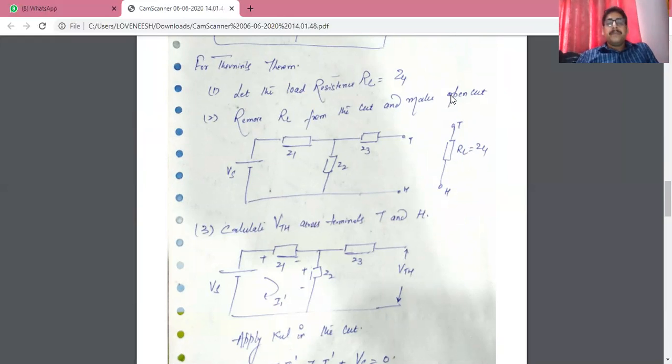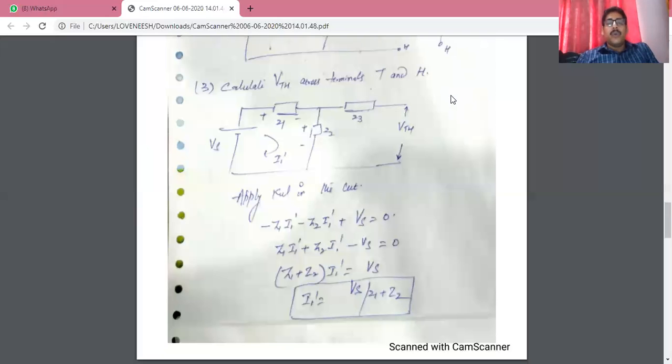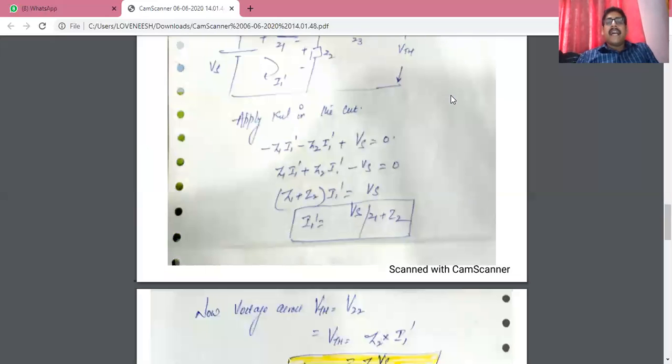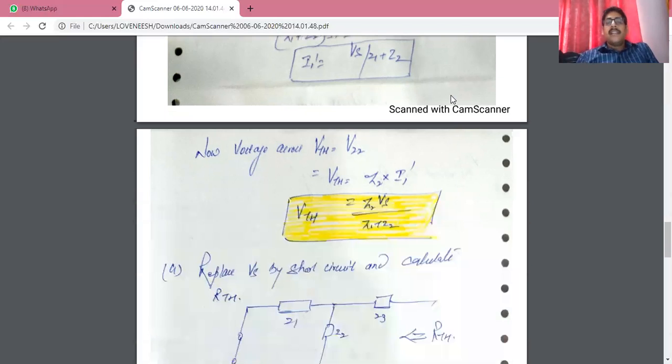I can do this simply by applying KVL, and the current through Z2 will be I1 dash, which is equal to Vs upon Z1 plus Z2. Therefore, the voltage VTH across the open terminal is equal to the voltage across Z2. So VTH will be equal to Z2 Vs upon Z1 plus Z2.